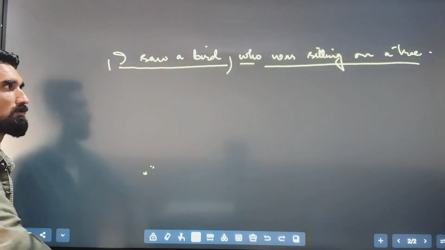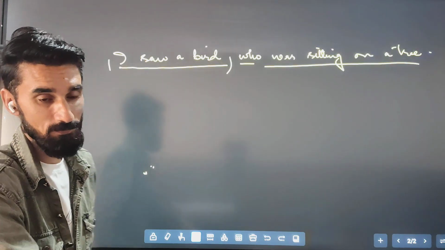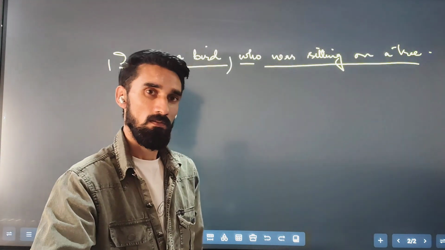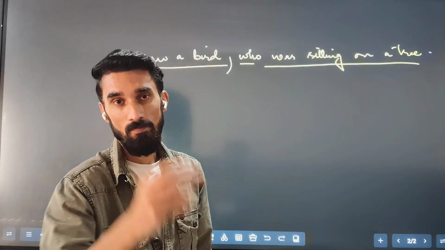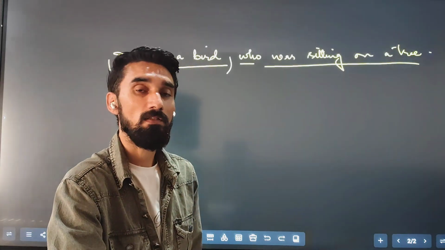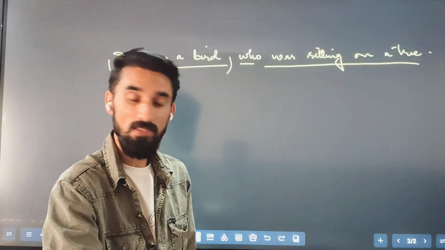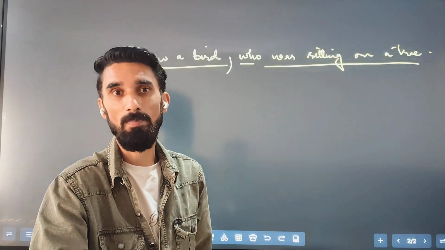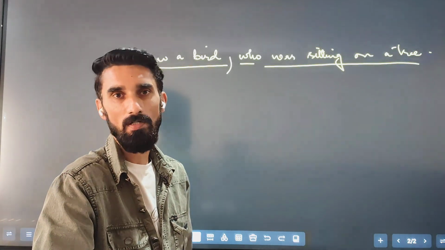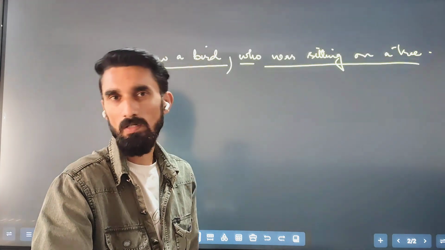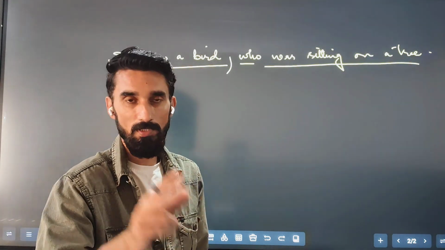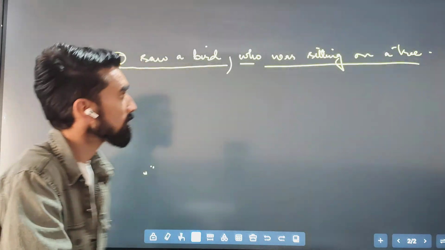Now if you change this into a compound one, what should you do? You will have to write two independent clauses. A compound sentence consists of two independent clauses and is usually joined by a coordinating conjunction, or somewhere you will find just a semicolon separating the two clauses.